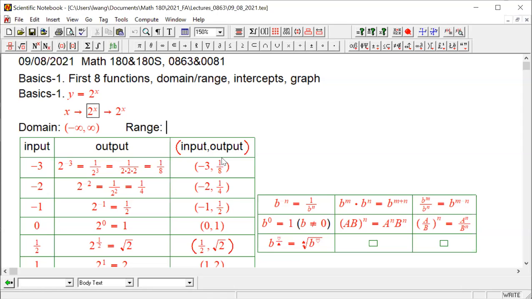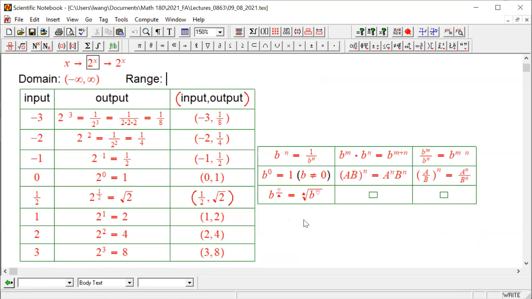So now let's plot the points. We have 1 minute left. I have given you all these questions I want you to think about. Next, we may not be able to finish in class, but I want you to plot the points with me.